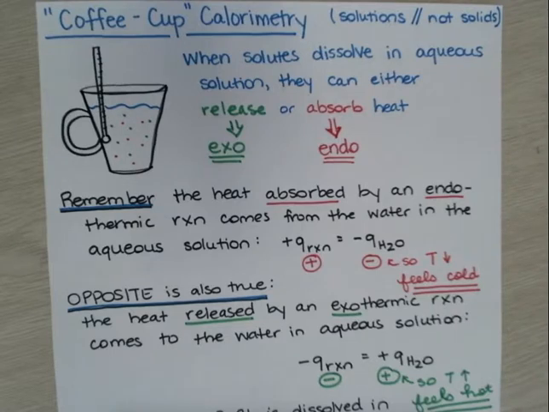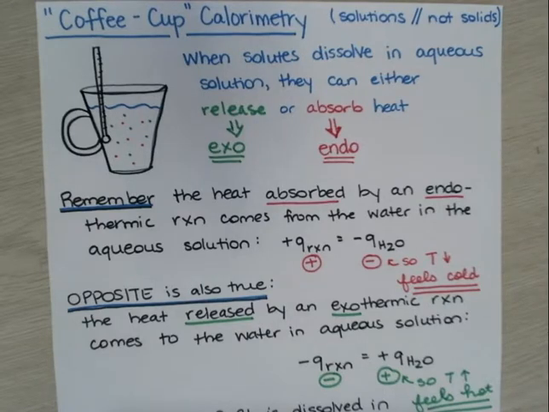Heat absorbed equals heat released. So the Q of the water has to be negative. So if the reaction absorbs heat, it absorbs that heat from the water so that the water's temperature will go down and that reaction will feel cold to the touch.